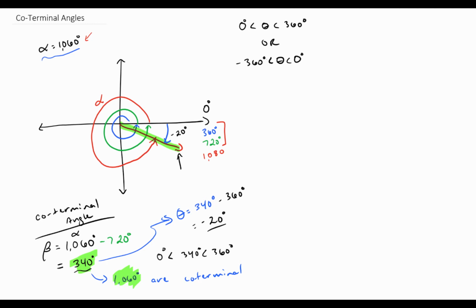So let's look at one additional example and see if we can formalize this algebraically. With our new angle, we have negative 3070 degrees, so that's obviously overshooting things in the negative direction. I don't want to have to go around the block multiple times, so I'm going to see if I can get rid of some of those extra revolutions.